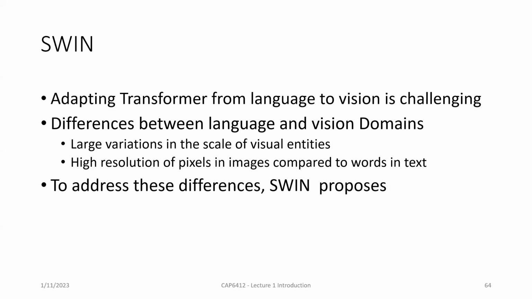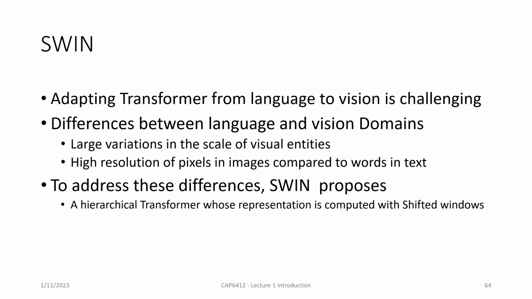The main computation is self-attention, as you saw, where we take each token and find its attention from all other tokens. There are so many tokens, and then we are doing so much computation, that's a problem. So with Swin, they came up with a very interesting idea to do this attention in a hierarchical manner, and do attention not globally for the whole image, but in a window, which is smaller than the whole image.